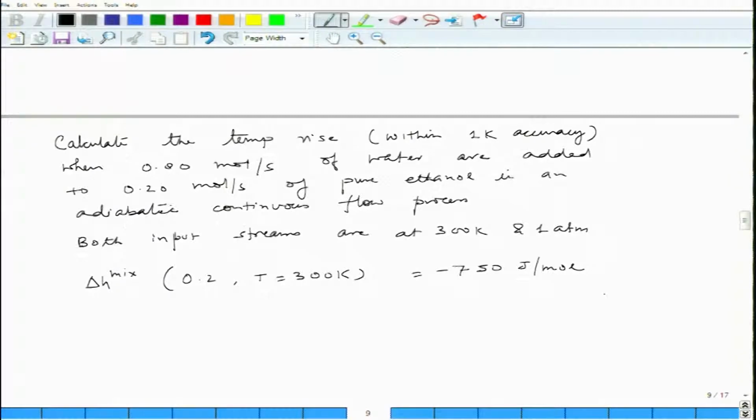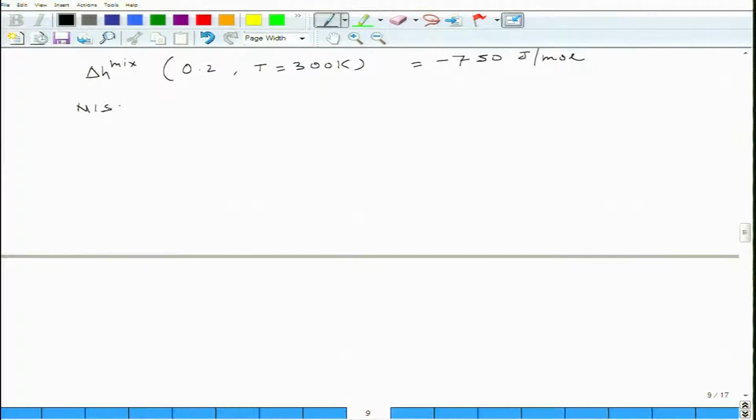So, you are only given delta H mix. Okay. So, the other thing which I can provide is basically Cp also. So, I can give you the information of Cp from the NIST web book, which you can type on the internet and you can get this information free of cost. Cp for 1, where 1 is your ethanol and 2 is your water.